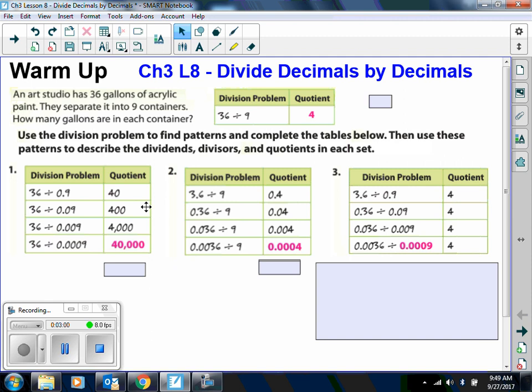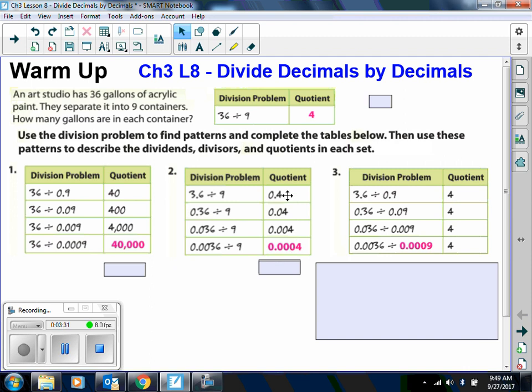Do you guys see the pattern here? If I move the decimal to the left one time in the divisor only, then I get a bigger number. My decimal will move to the right one time each time. If I move the decimal to the left once in the dividend, what happens to the quotient?